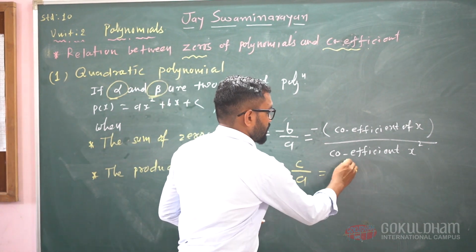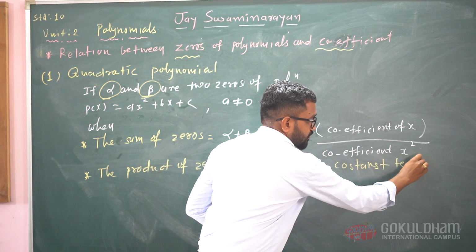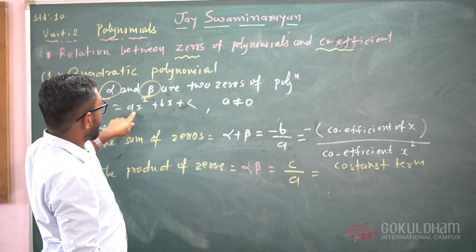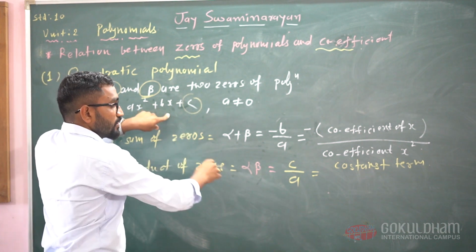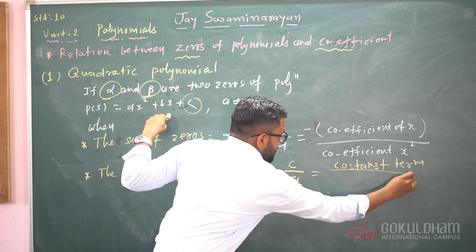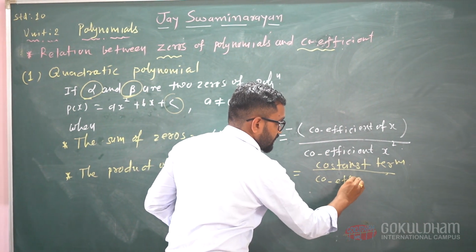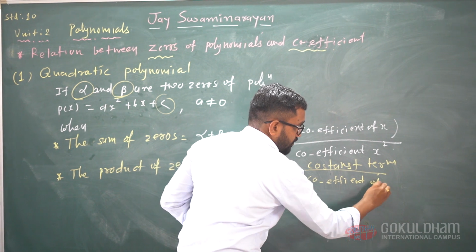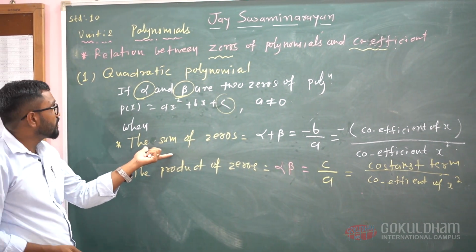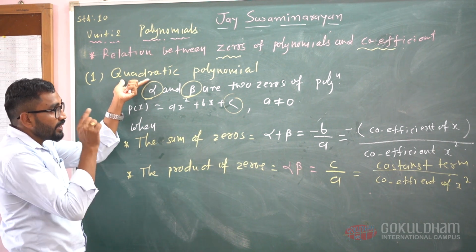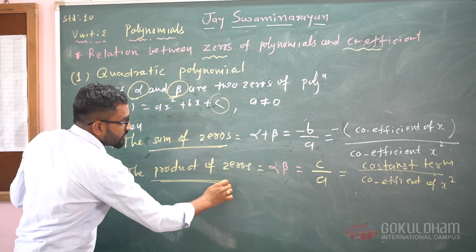Here c means the constant term, in ax square plus bx plus c. So c is the constant term, and a means the coefficient of x square. Okay, so both are the relations for quadratic polynomials: the sum of zeros and the product of zeros.